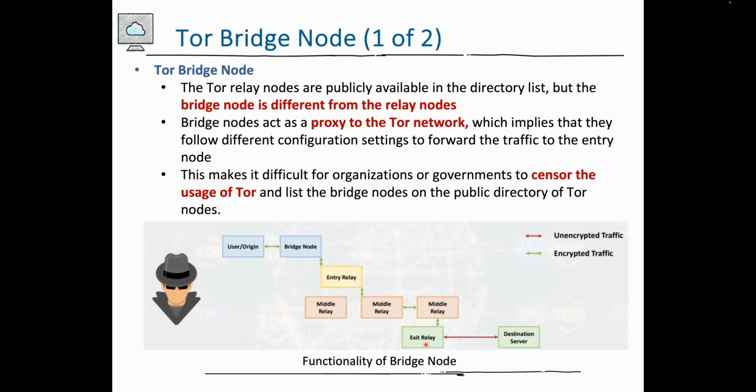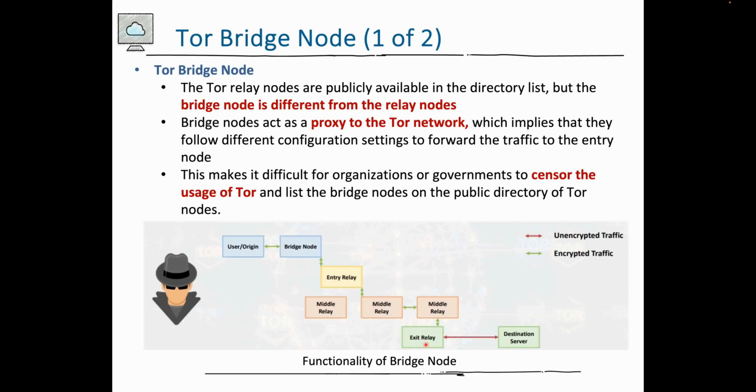However, because they are not listed publicly, users must obtain bridge addresses from other sources, like the Tor Project's BridgeDB, or your friends or other private channels that you know.